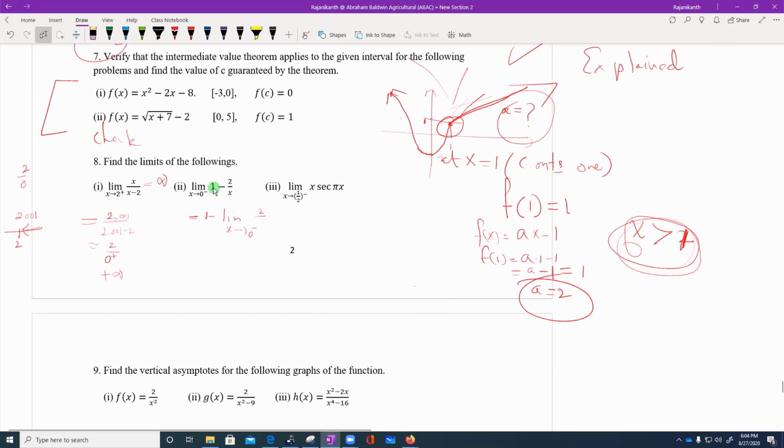Now my task is to find the limit of 2 over x when x goes to 0 minus. What is the meaning of 0 minus? x approaches 0 from the left. Am I right? Could you pick one number very close to 0 but coming from the left?